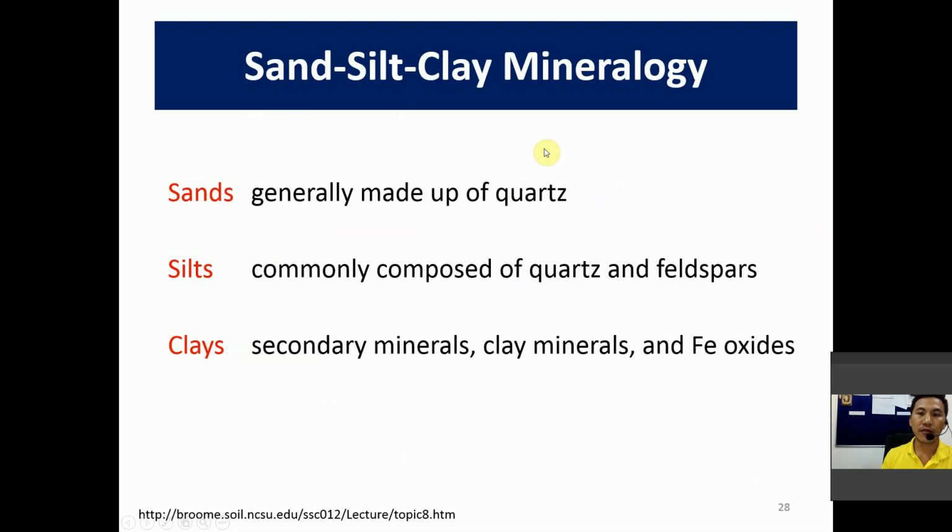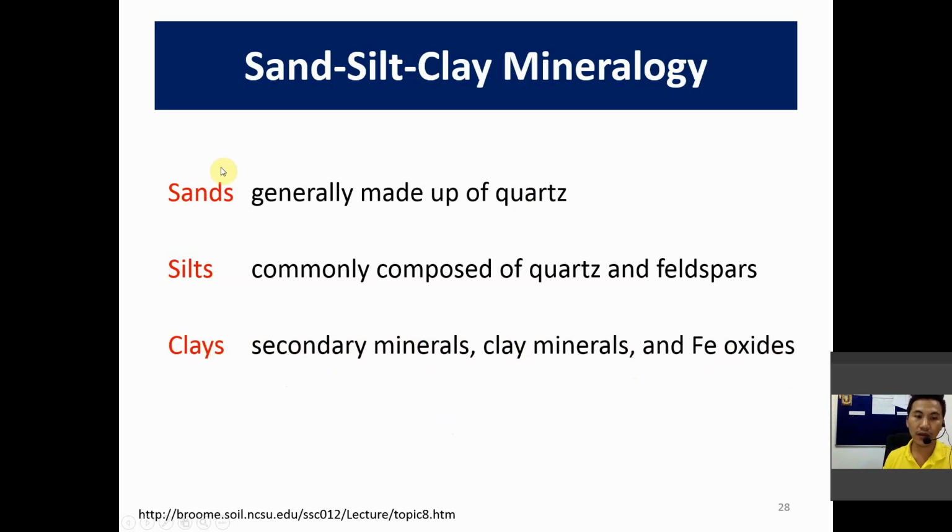In terms of mineralogy, again, clay here is the size reference. This is the clay size particle. The minerals in this fraction are mostly secondary minerals. We will talk about primary and secondary minerals later on. And you have clay minerals, of course, and some iron oxides. These are pretty much found in the clay size fraction.